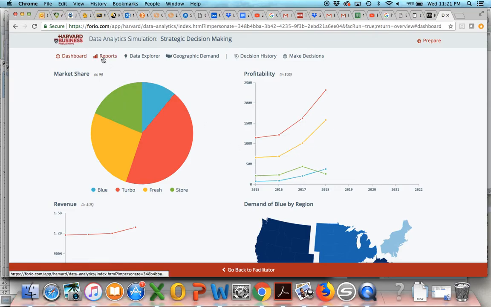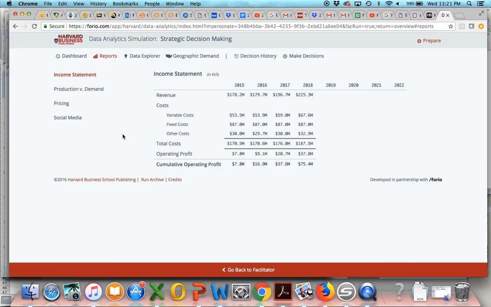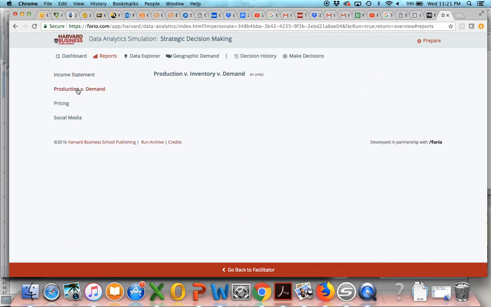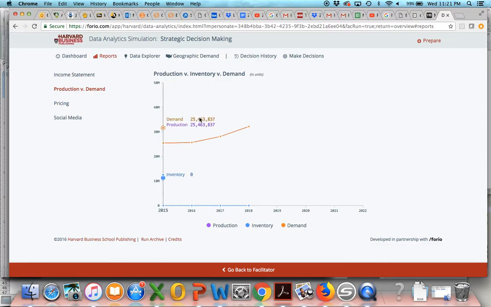So then in reports, you have some standard things you can look at, like the actual income statement of the company, production versus demand. One of the things you'll be doing is deciding how much of this stuff to actually make. So this is a product business. You're selling detergent. So you have to decide how much to make, and what you make is the most you can sell.